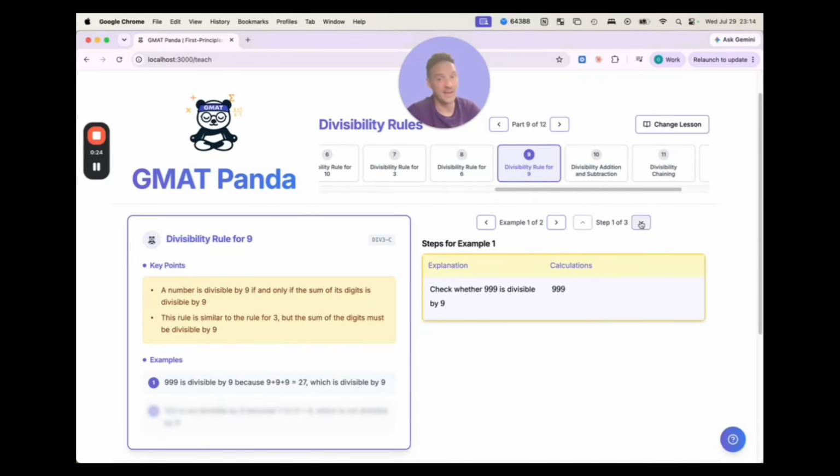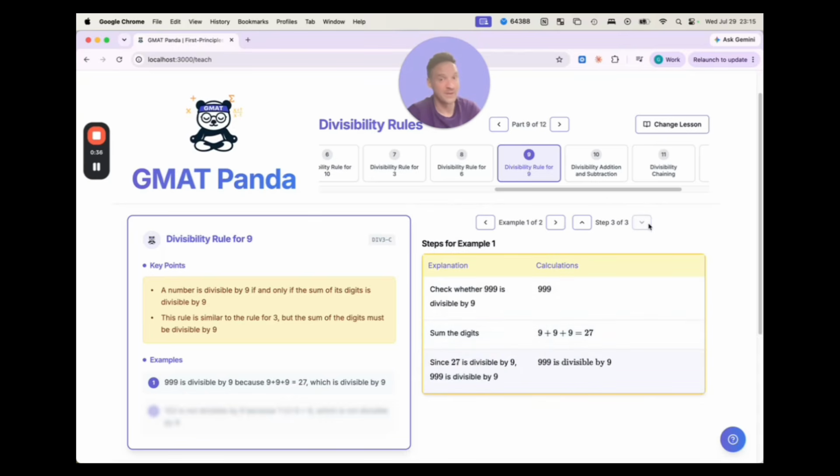If we add up the 3 digits, so 9 plus 9 plus 9, we get 27. 27, we can write that as 3 times 9. So therefore, the whole number will be divisible by 9. And we can actually check that because 999 is quite easy to see that it's 9 times 111.